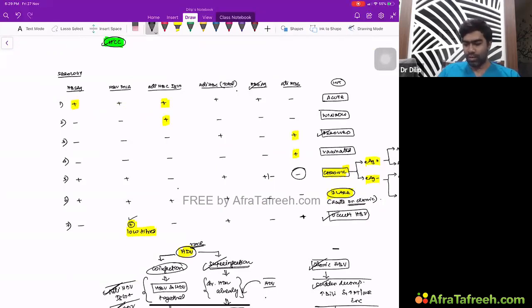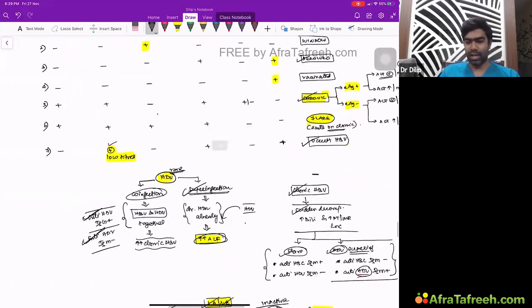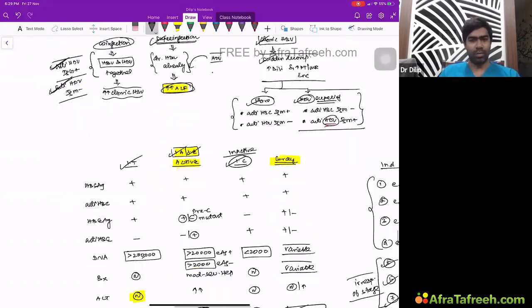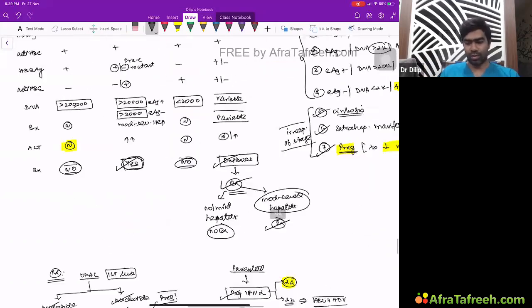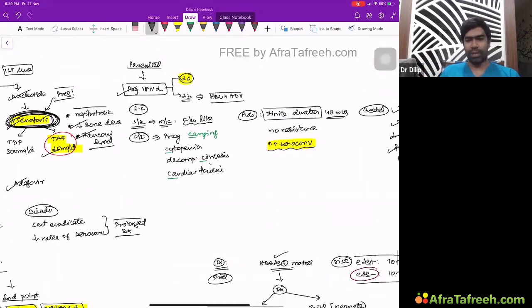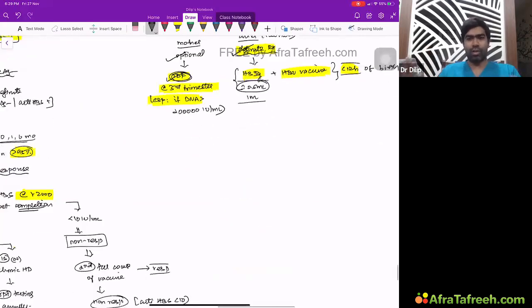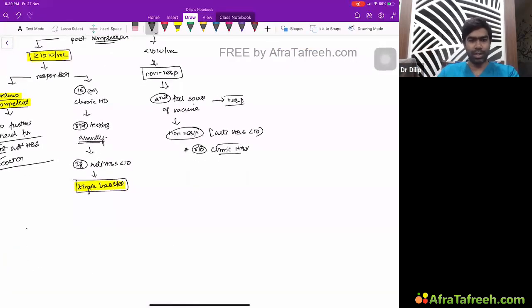So if they do not develop anti-HBs after 2 courses of vaccination, the first thing to rule out is chronic HBV. In chronic HBV, you will never develop anti-HBs. If you develop anti-HBs, you become a resolved infection. That's a protective antibody. So in chronic HBV, you don't develop anti-HBs, and that is why it's called chronic HBV. You cannot develop it because your immunity is low.